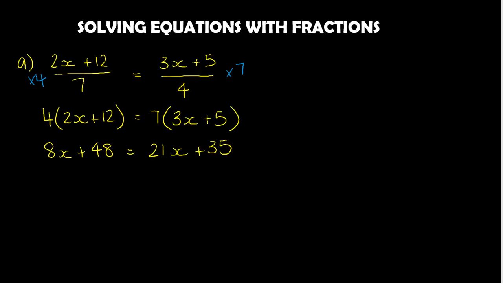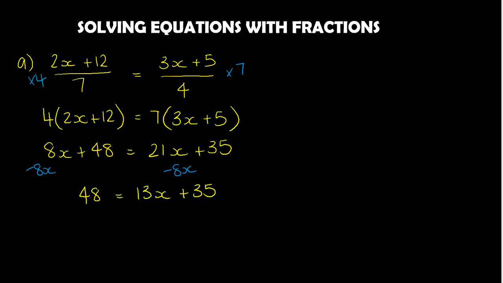So once again, the next step is we collect our like terms. I always try and cancel the smaller one. So I'm going to subtract 8x from both sides. So I'm left with 48 equals 13x plus 35.